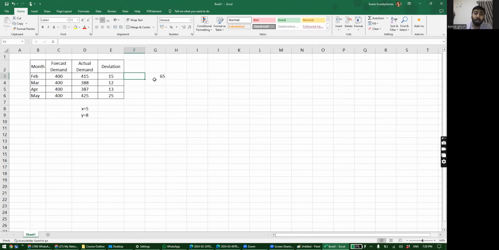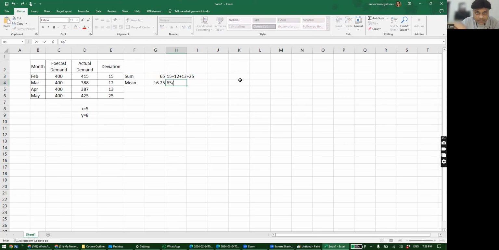So by adding four things we have reached 65. So the average will be 65 by 4, because there were 4 things that we added. 16.25 is basically your answer for this question, if x is equal to 5 and y is equal to 8. This will be different for everyone because your roll numbers are different.